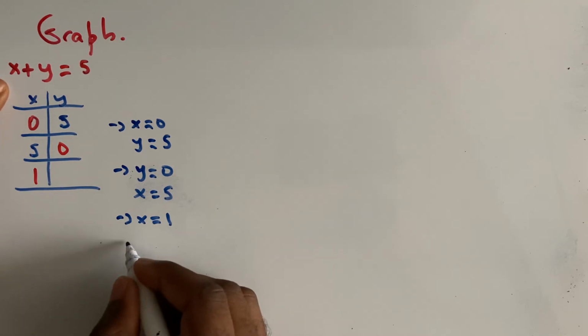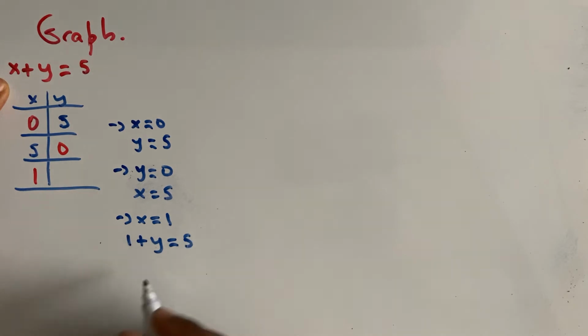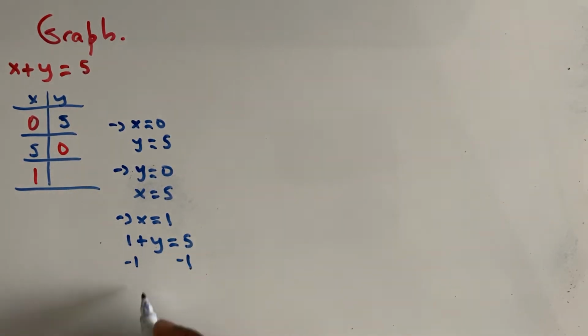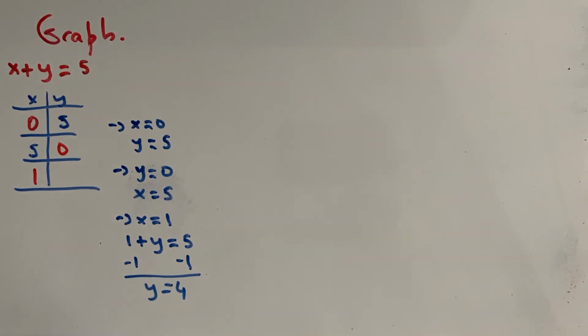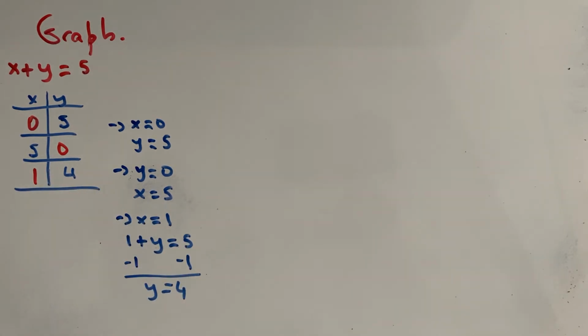You'll have 1 plus y equals 5. Then solving for y, you subtract 1 from both sides. Therefore, y is positive 4, and you put the positive 4 here. So you get 3 points. See, you can actually graph using 3 points, right?